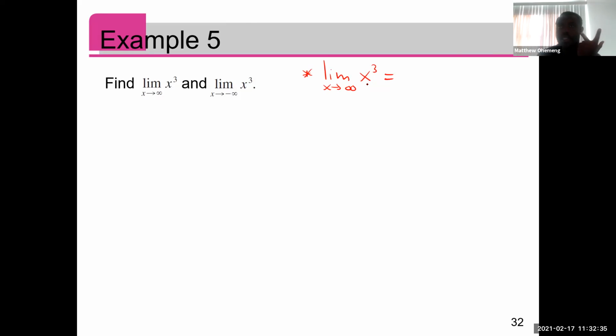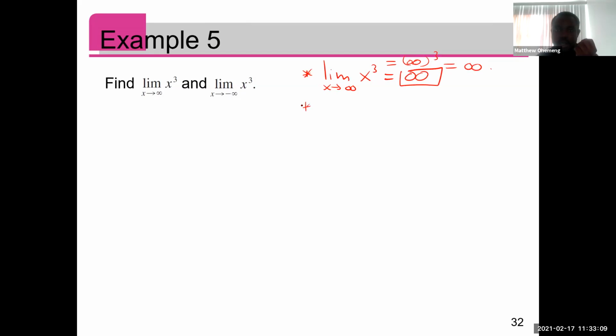Something like 10 cubed is going to give us 1,000, and 100 cubed is like a million, and so on. It's going to be a very, very big positive number. So you can see that this is just infinity. In other words, this is not a proper way of writing it, but you can say infinity cubed is infinity. So there you have it.